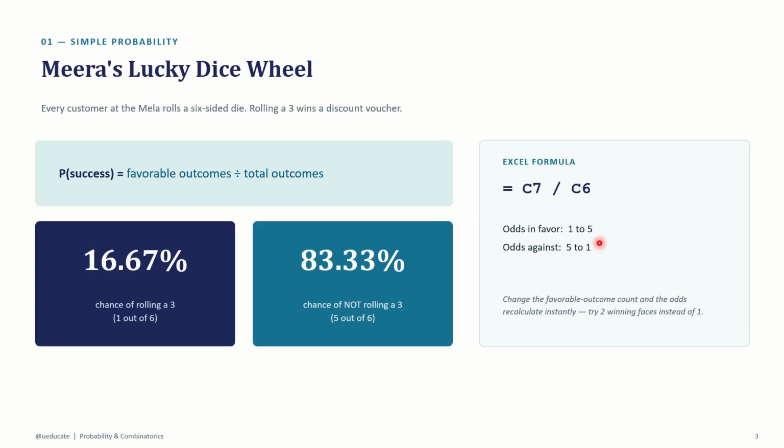So we will look into the Excel workbook. We will first look at this whole scenario, what we are talking about. So this is simple probability, which is P equal to favorable outcomes divided by total outcomes.